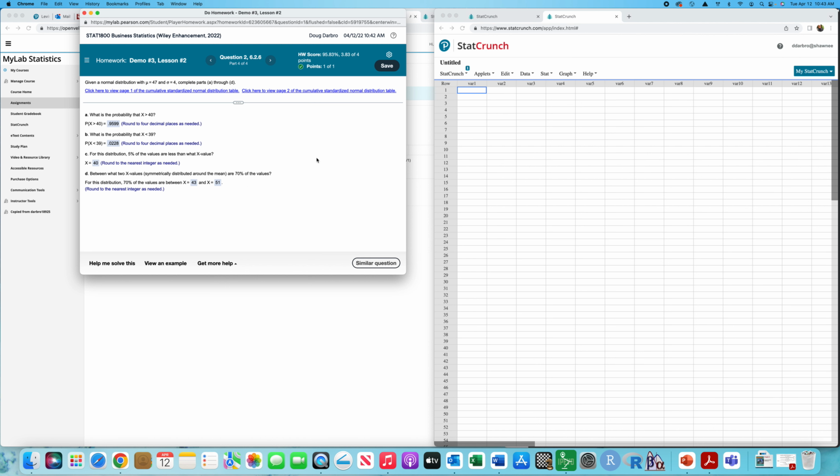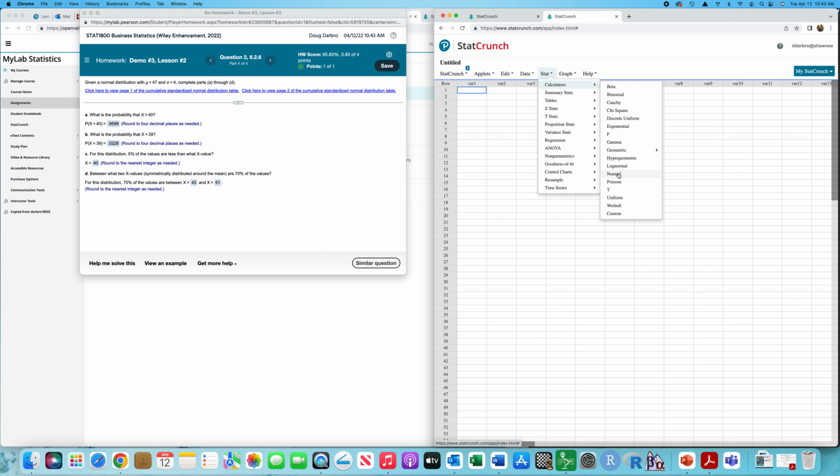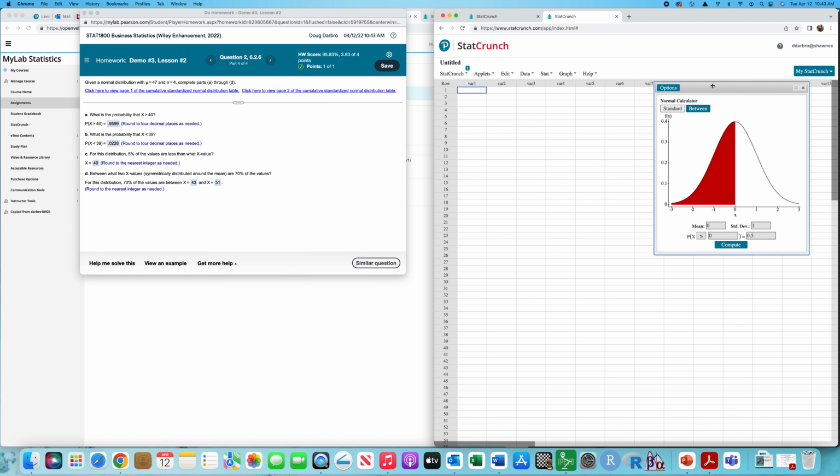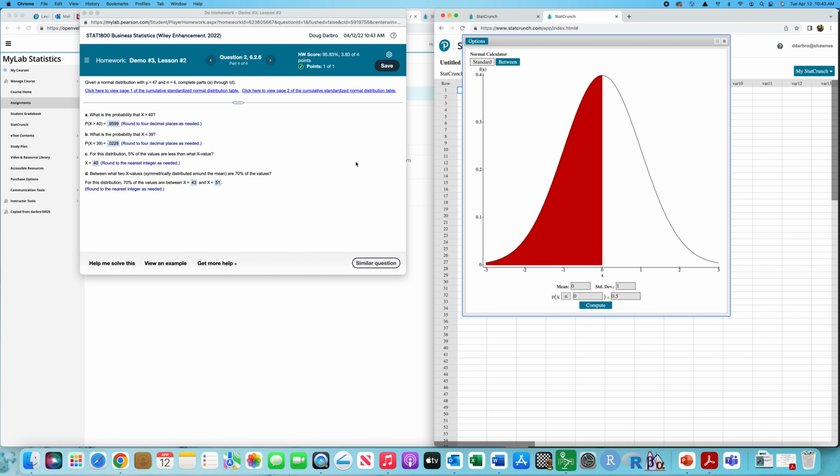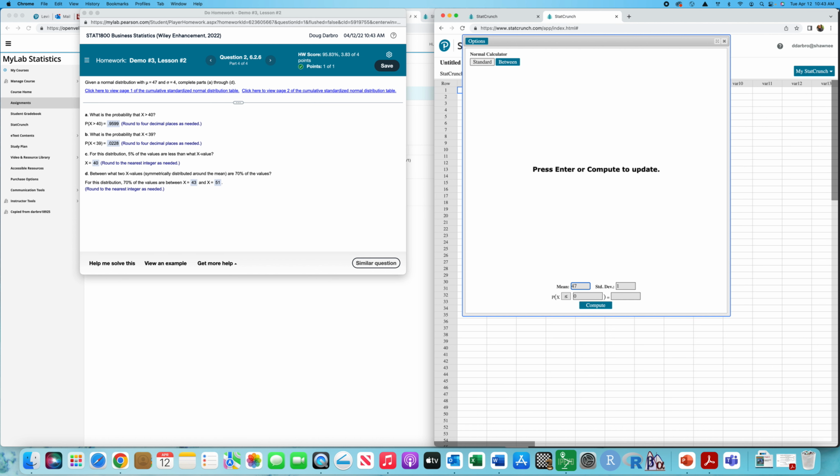Question 2 deals with a normal distribution that doesn't have mean 0 or standard deviation 1. But the beauty of it, all this stuff works the same. So we have a mean of 47, standard deviation of 4.